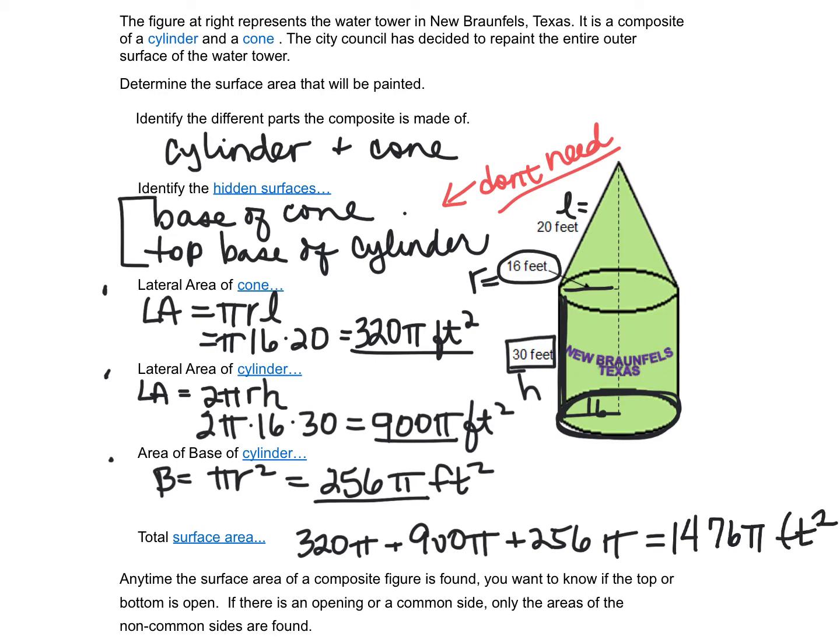Okay, well, that doesn't make much sense when we're buying paint. So let's go ahead and multiply that number by pi, and we get approximately 4,636 square feet, almost, so 854.